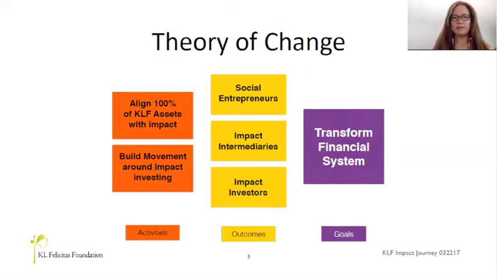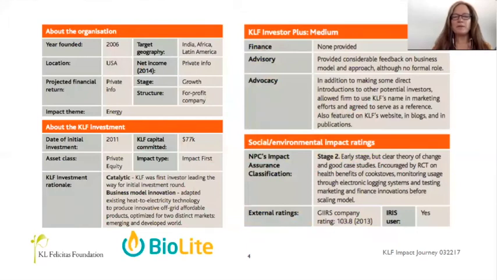Next slide, please. So here's an example from the last impact report where it's really like a snapshot of an investment, BioLite. And one of the sections I think that was a kind of a new area for us, and I think for other investors, is this idea of the investor plus. So it's not just about the impact metrics or the IRIS or the GEARS rating or any of that, but it's also about what value do we as investors bring to the investee.